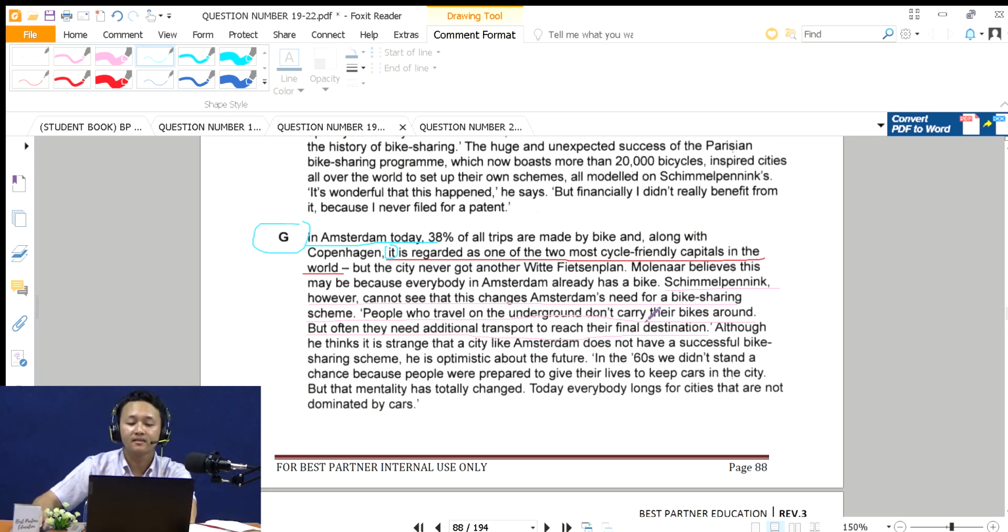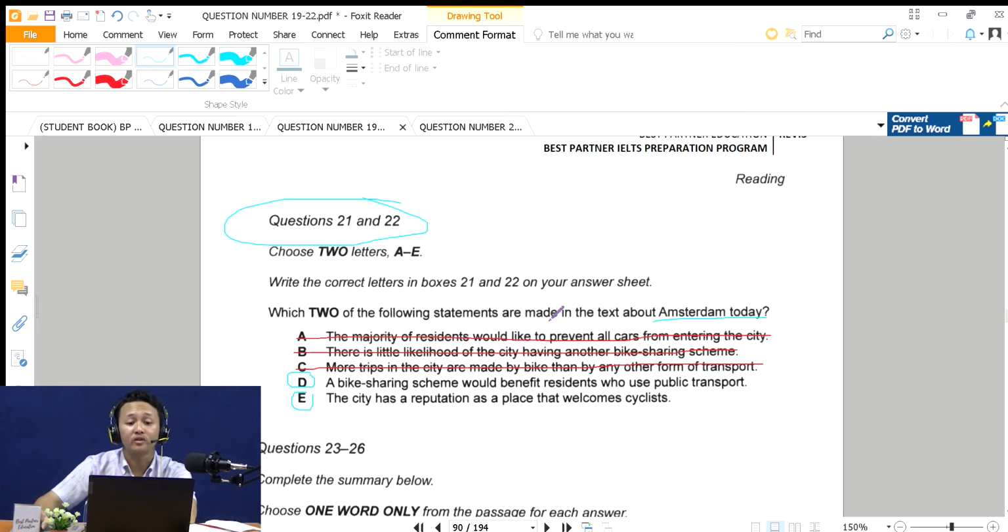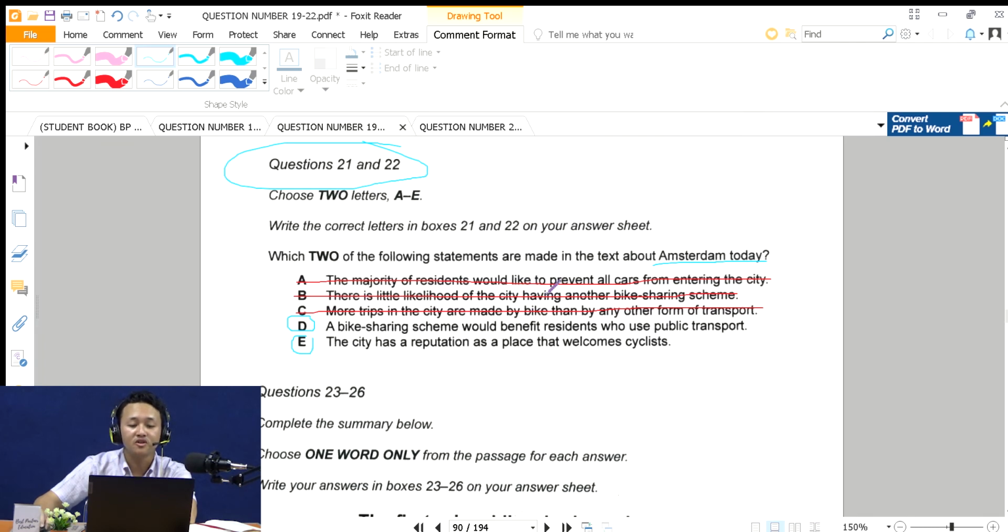Okay, and then Simel Penning says that they need additional transport to reach their final destination. So a bike sharing scheme in here actually benefits the people who use public transport. So there's no mention of the majority of residents preventing all cars entering the city, and not also option B, more trips in the city are made by bike.